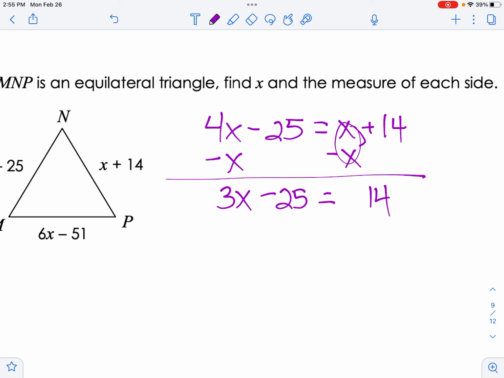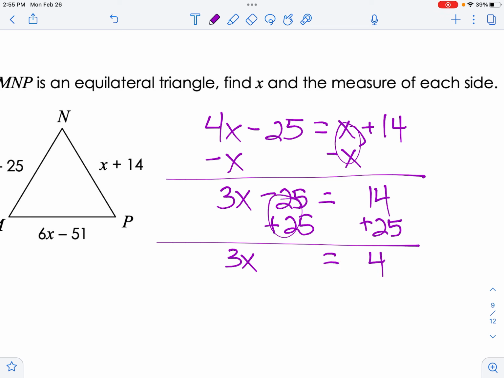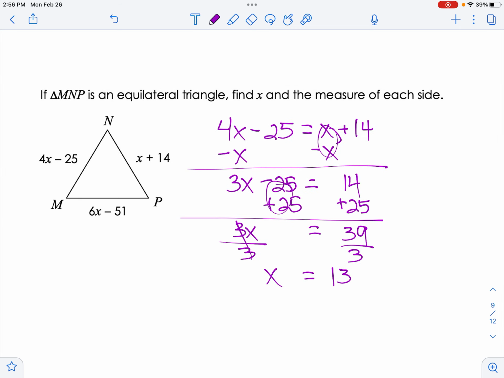Okay, and then I have 3x minus 25 equals 14, and then just add 25. So 3x equals 39. Not 49. Okay, and then divide by 3 on both sides. We get 13.